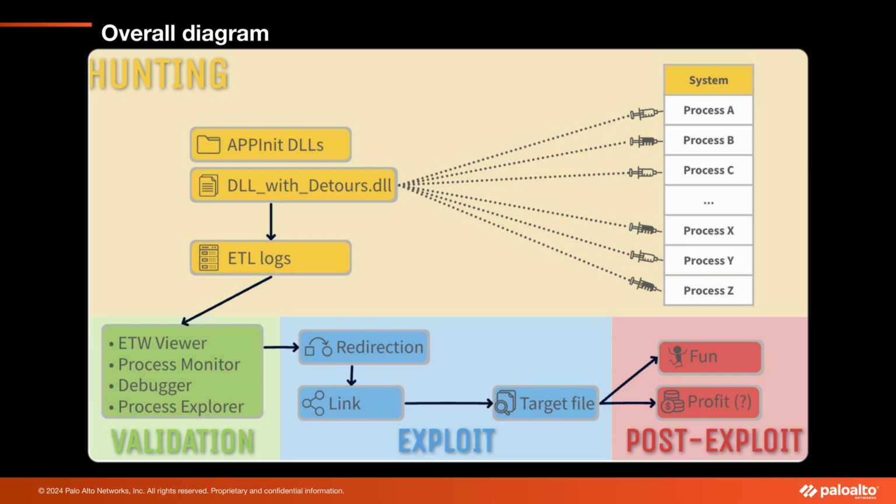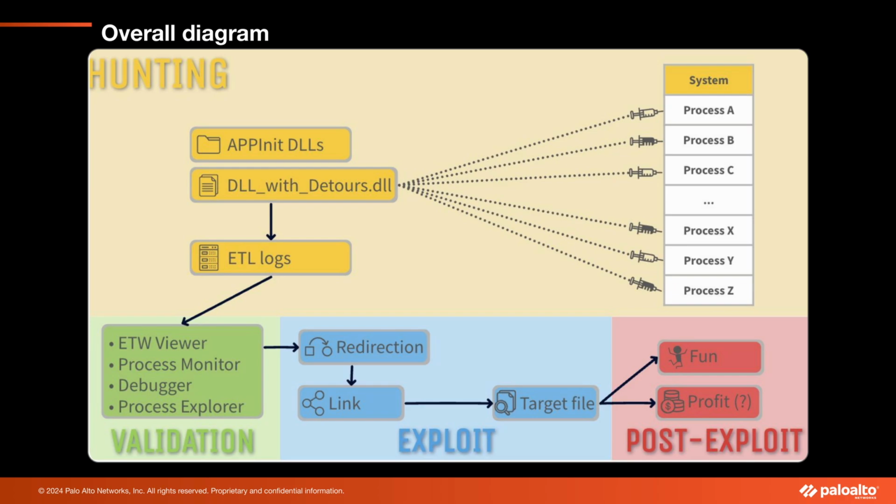We use debuggers, ETWs, and Process Monitor to understand all these results. We narrowed down which software is potentially vulnerable, and not only that, but which file could be exploited. And then we try to confirm if it's vulnerable or not by using these tools.